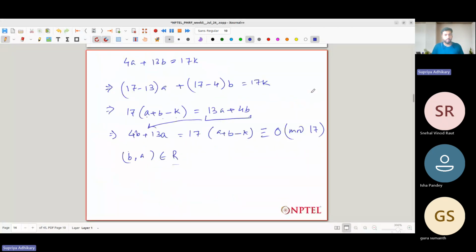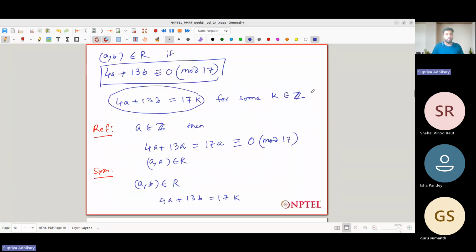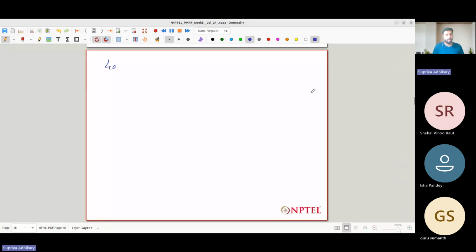Finally, we have to look at the transitivity property. To prove the transitive property, we can assume that (A,B) belongs to R and (B,C) belongs to R. Now if (A,B) and (B,C) both belong to R, then from this relation we can say that 4A plus 13B is a multiple of 17, and also 4B plus 13C is a multiple of 17.